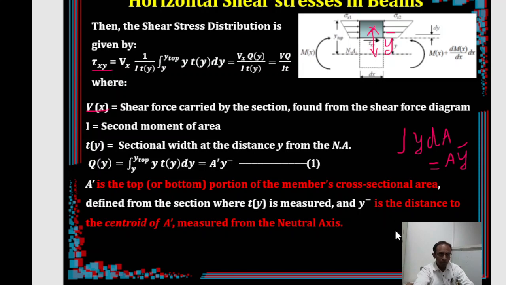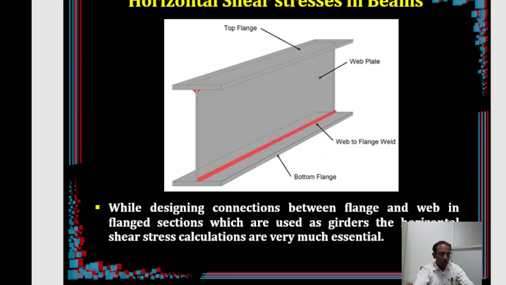With the help of this equation, one can find the horizontal shear stress anywhere across the depth that you are interested in. Now finally we are left with one more target in our discussion: what is the role of this horizontal shear stress in the design of various connections, particularly when dealing with girders made up of flanged sections?